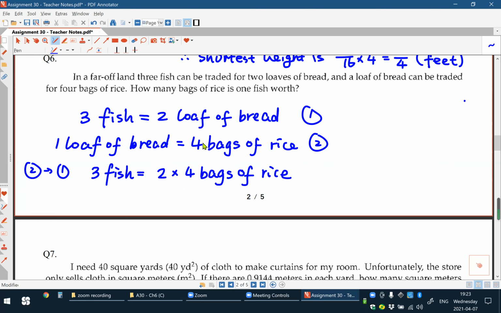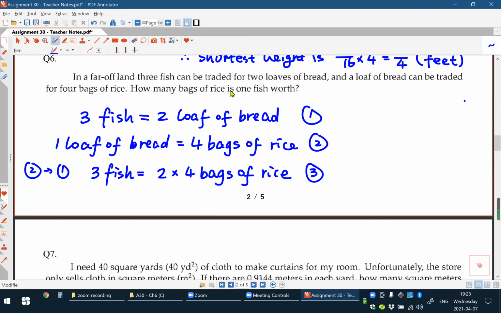Correct? Because if we times 2 to both sides of the second equation and substitute the 2 loaves of bread in the first one, we will have the third relationship. Okay, so that means 3 fish equals 8 bags of rice.